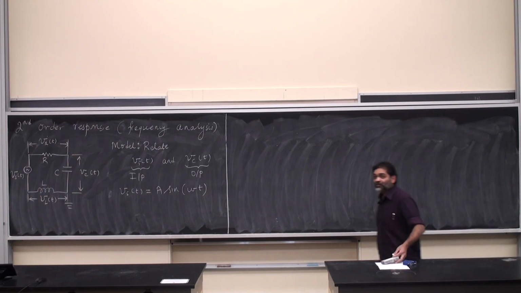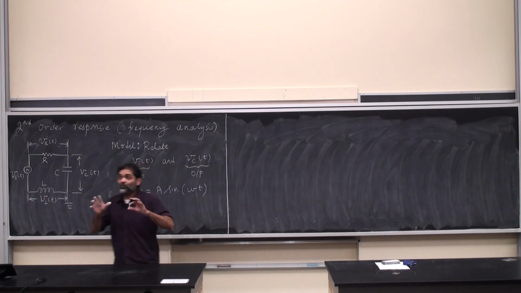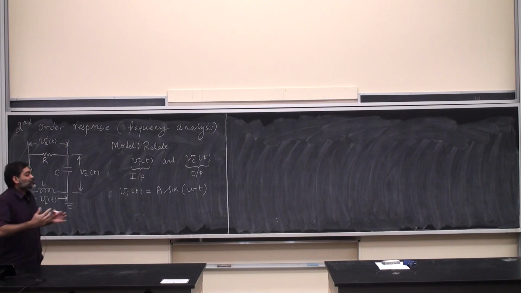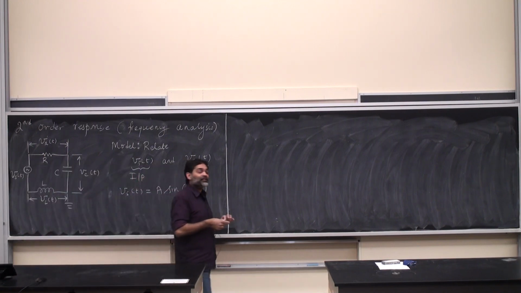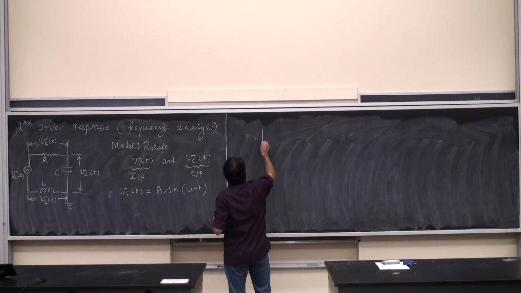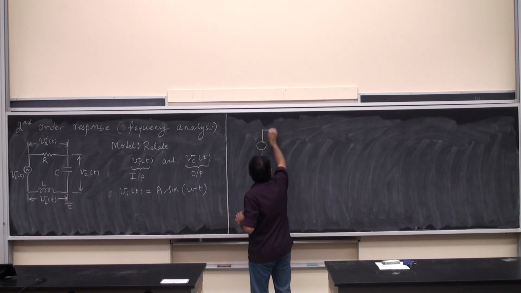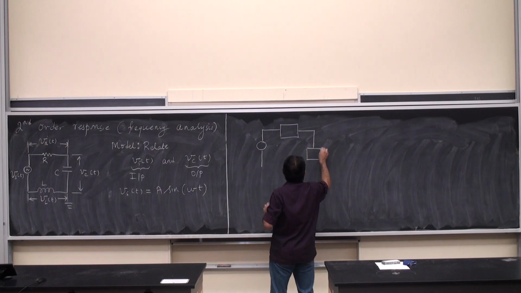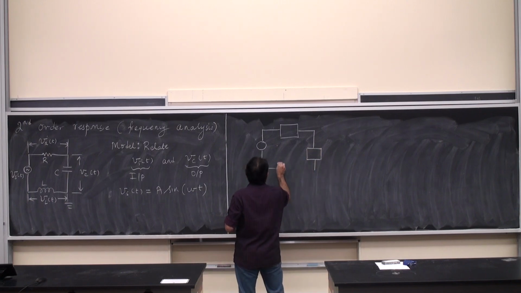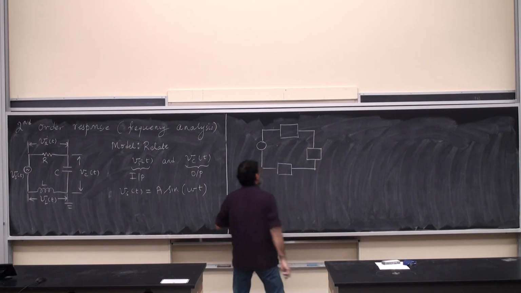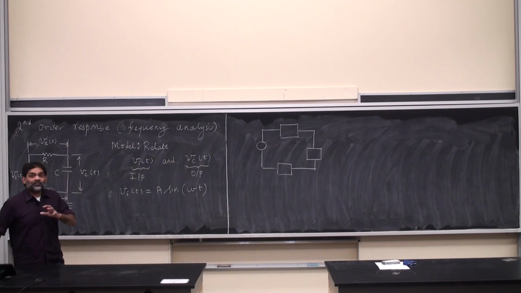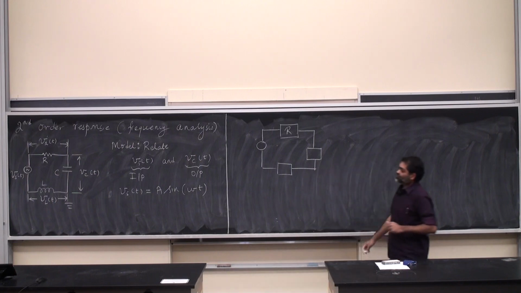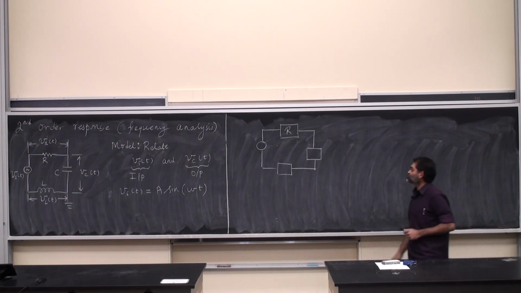we use the method of impedances, right? We replace each of these by an impedance block that measures the impedance or the resistance of the current flowing through that particular element. So, replaced by impedances. Impedance of the resistor is capital R. Impedance of the capacitor is 1 by Cs.